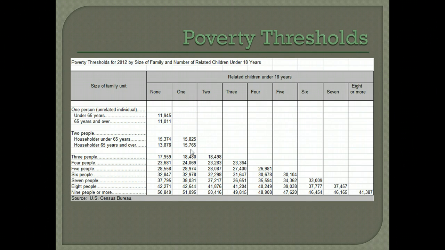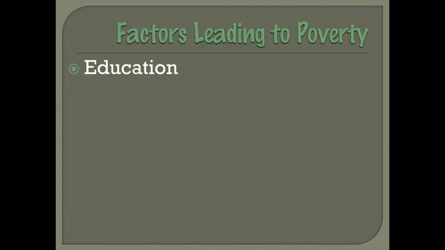Now, there are a lot of reasons why people may enter into poverty in the United States or around the world. A couple of these factors are things like education. The lower level of education you have, the more likely you are to fall at or below the poverty line. Marital status is another factor that has a significant impact. Single people tend to have a greater chance of being at or below the poverty line.